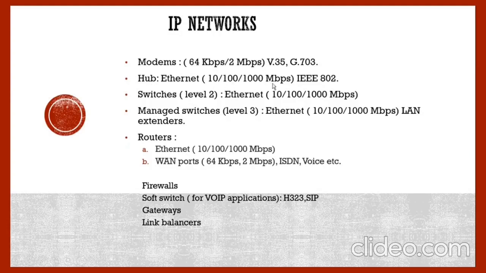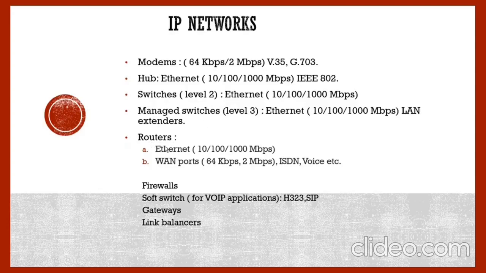We just saw the Mbps, and here you can see the IEEE standard. I'm just going to show you the next slide where we can see the different IEEE standards. This is 802. Next is switches, level 2 ethernet, and again it has the same speed limits. We can see managed switches, which also have LAN extenders.